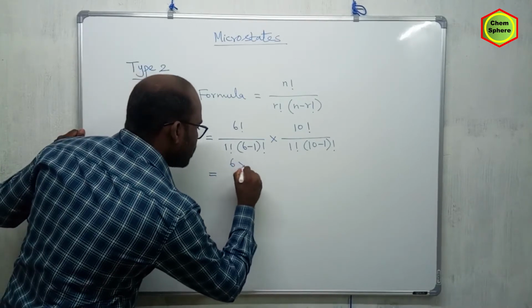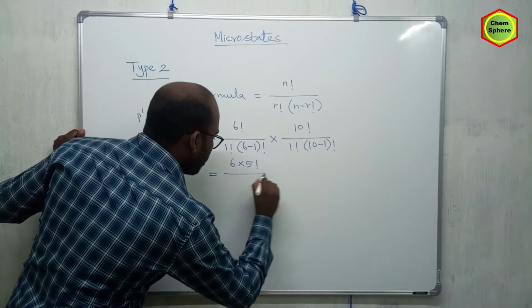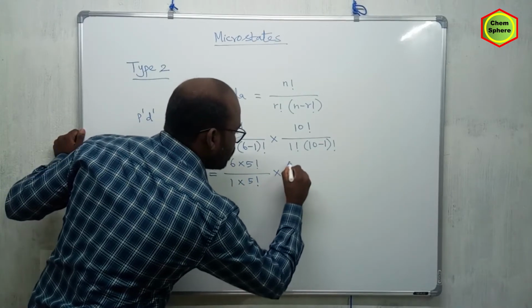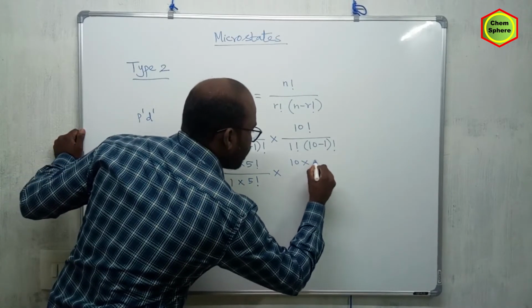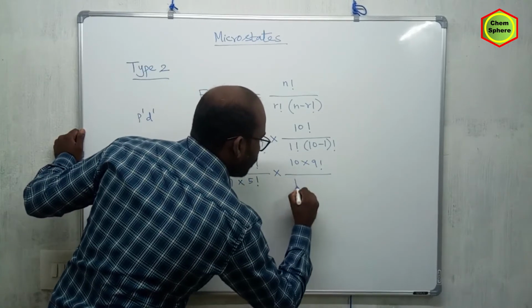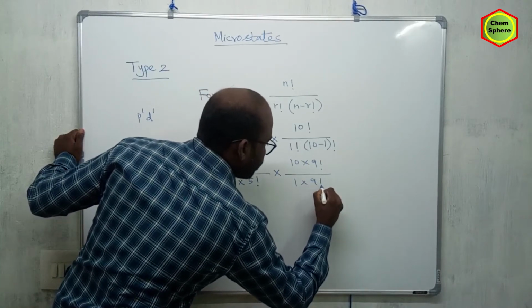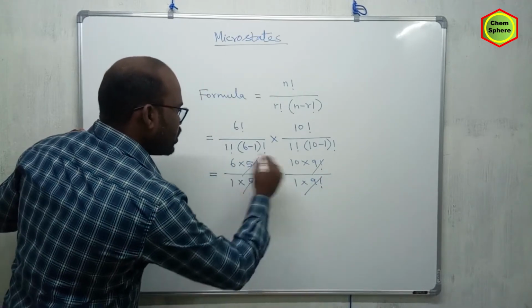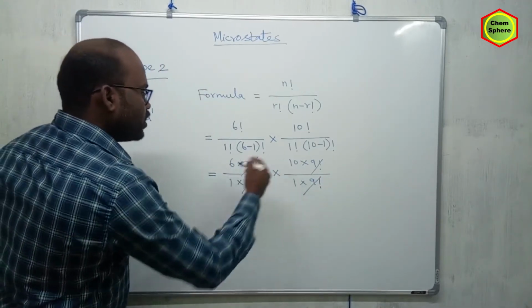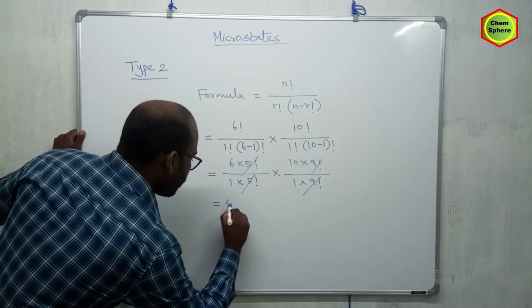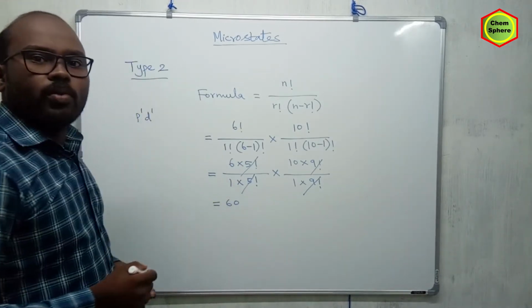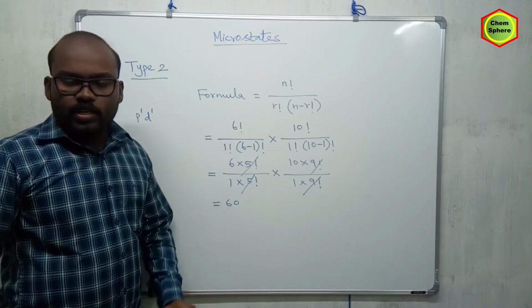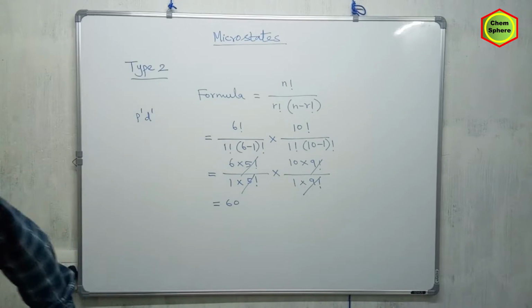Now 6 into 5 factorial divided by 1 into 5 factorial into 10 into 9 factorial divided by 1 into 9 factorial. 9 factorial cancel, 5 cancel, 6 into 10, 60. 60 is the total number of microstates for this particular electronic configuration.